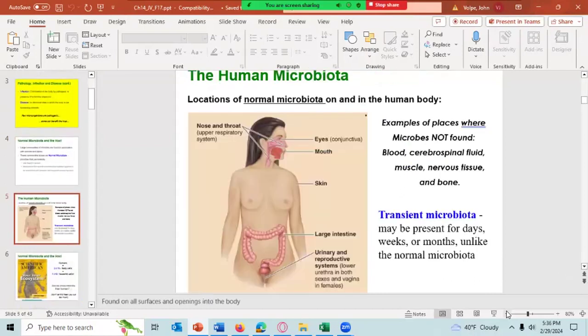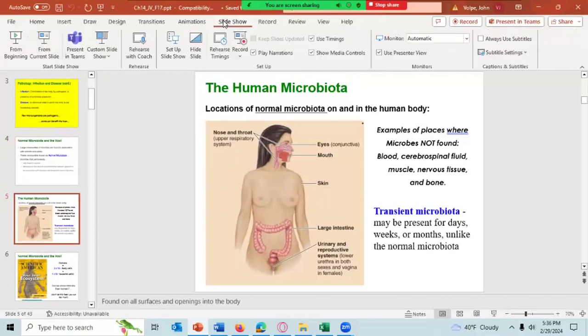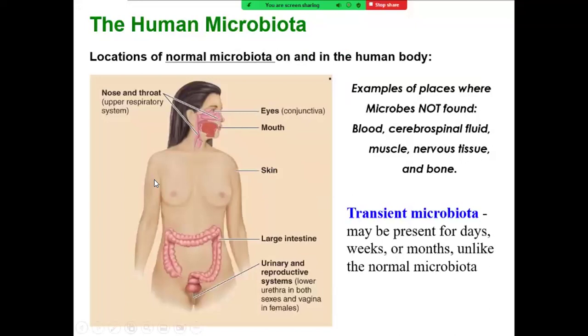All right, this picture is trying to show you some of the regions where the normal microbiota are found in the human body, and that's obviously all of the skin, all of the mucous membranes open to the outside, like the nose, the throat, the eyes, the mouth, the large intestine, and obviously the gastrointestinal tract has normal microbiota.